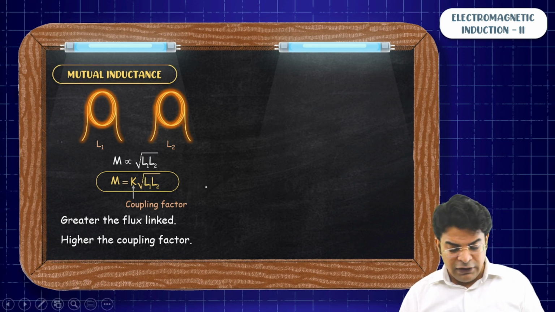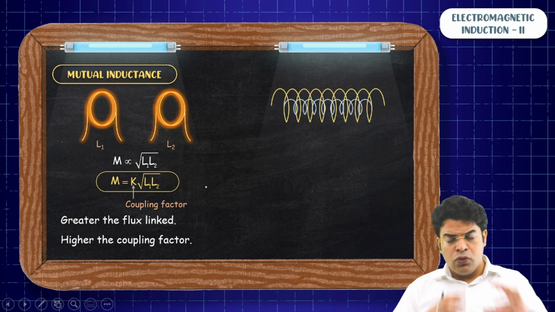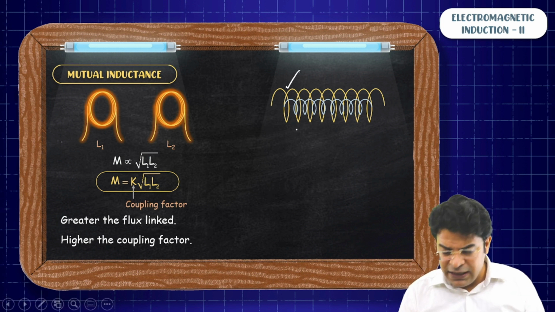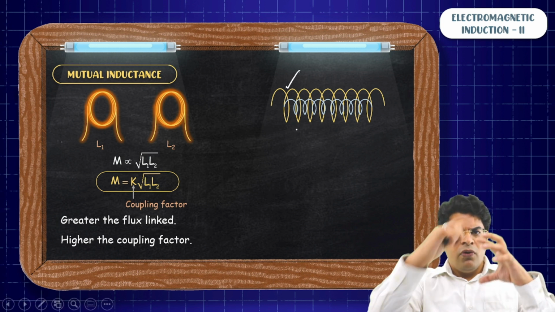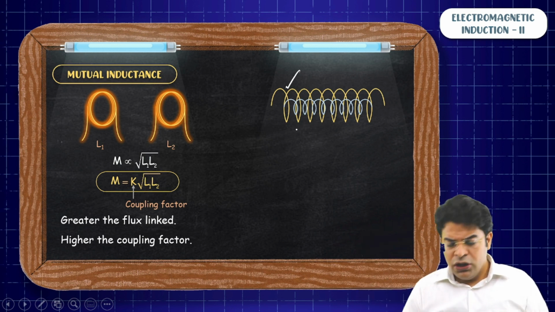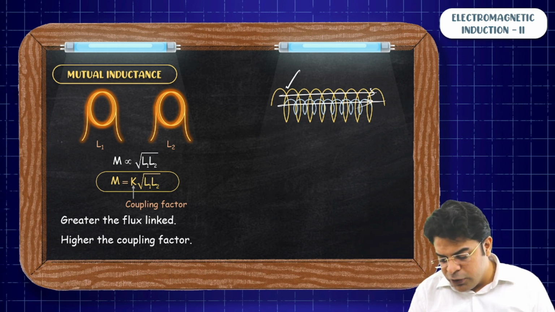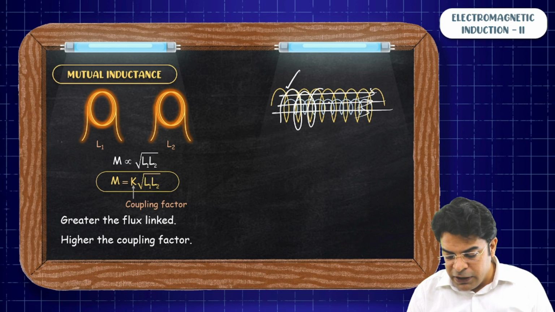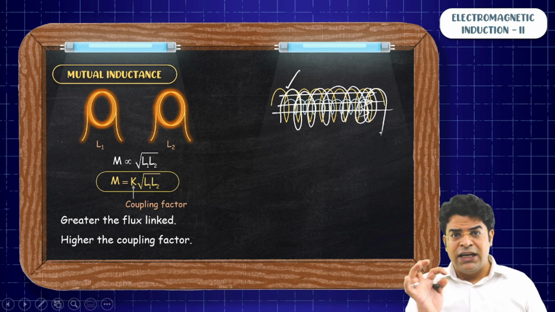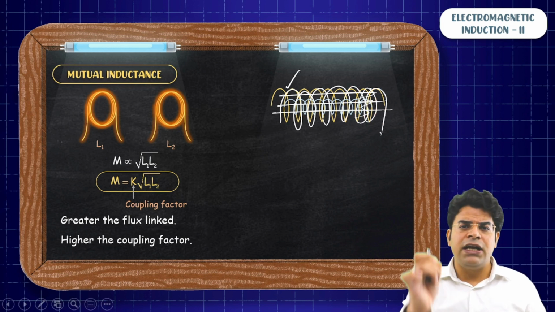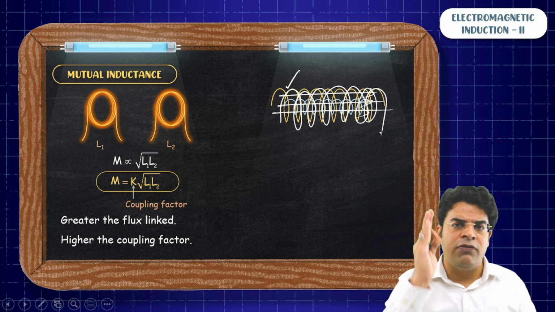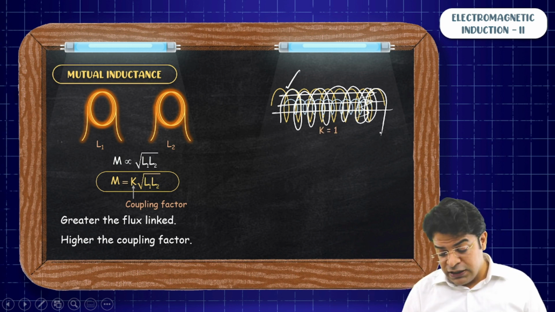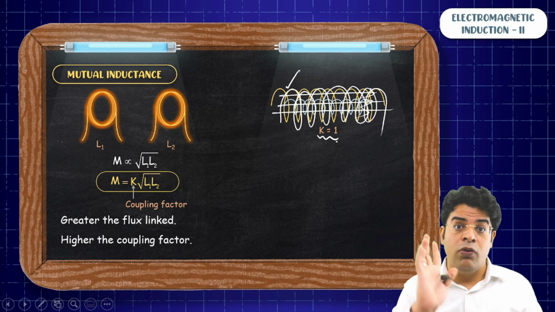Think of a case when you have two coils of the same length, same cross-sectional area, everything the same, wrapped one over the other. Whatever magnetic field lines are produced by one, all of them will pass through the second one. For such a case, when 100% of the magnetic field lines produced by one cross the other, you say that the coupling factor is maximum, equal to 1.